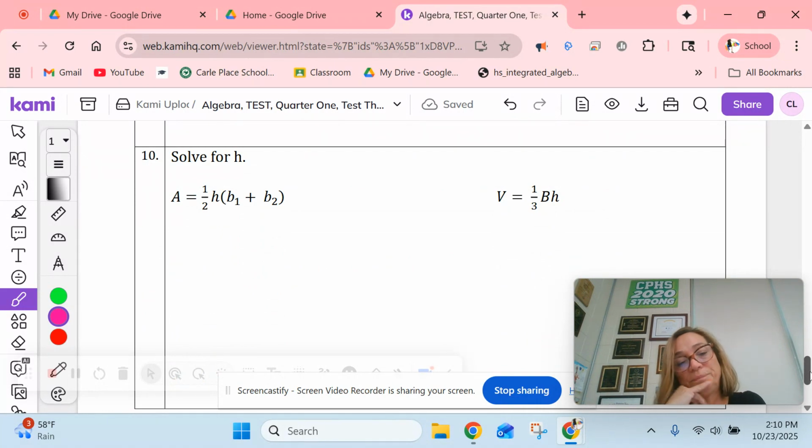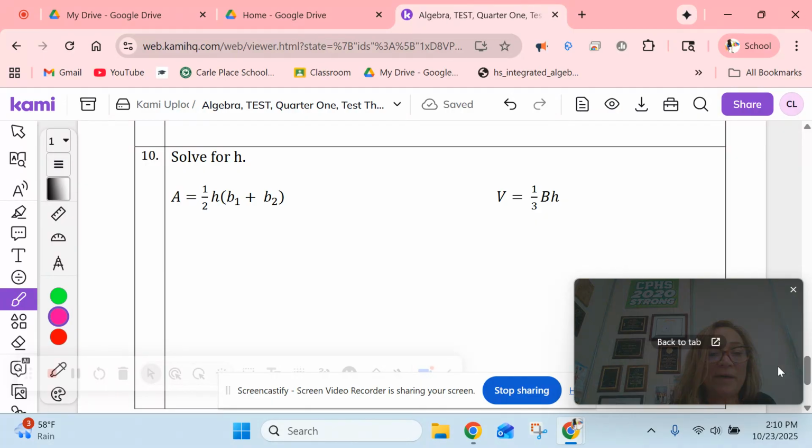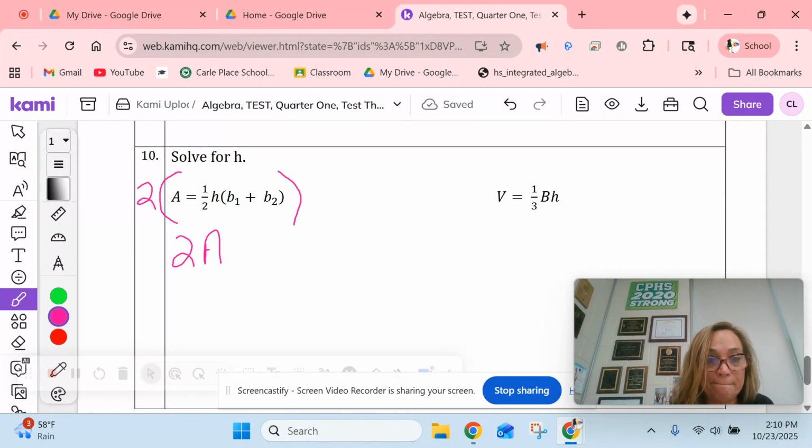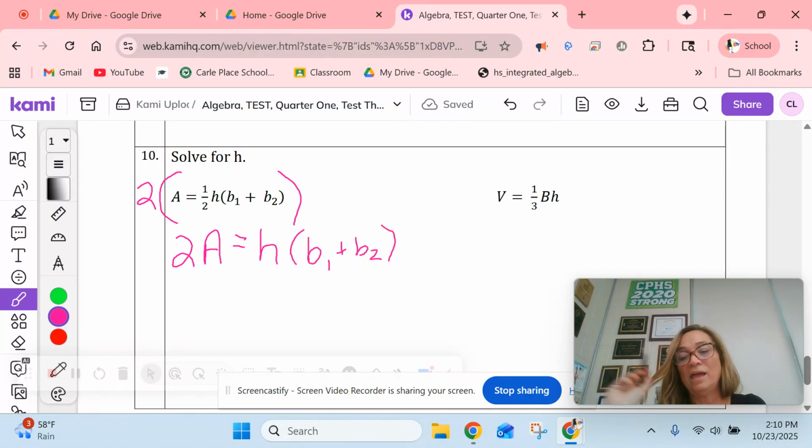Solve for h. First, you got to move the half. Then you got to move everything in that parentheses. To move the half, you multiply by the reciprocal, which is 2. That gives you 2a equals h times b sub 1 plus b sub 2. That h is being multiplied, so I'm going to divide.